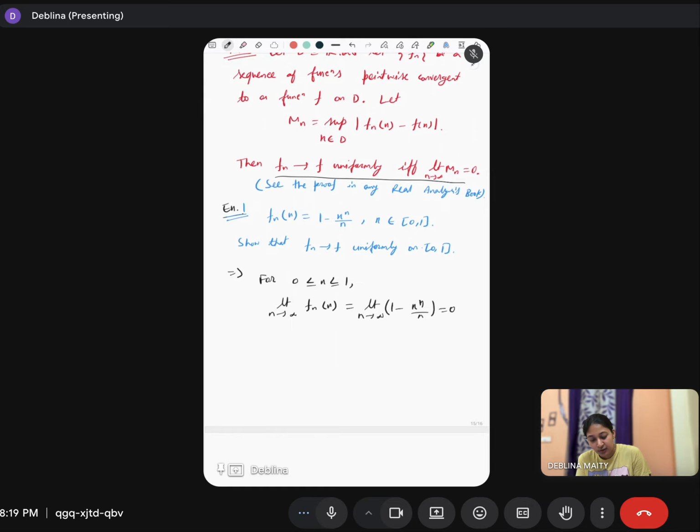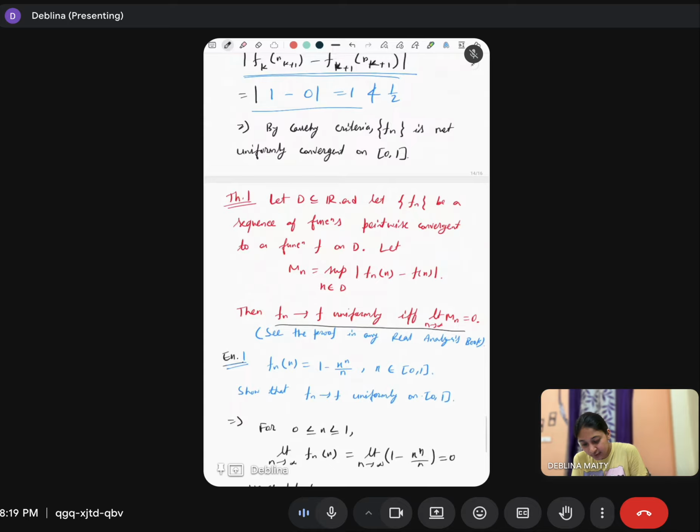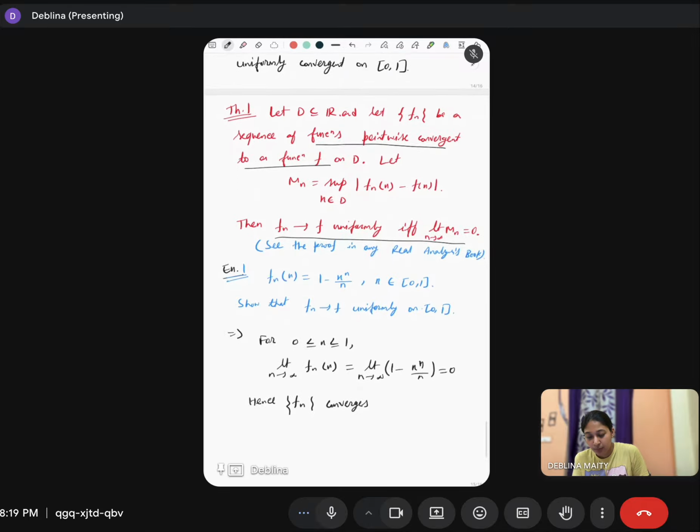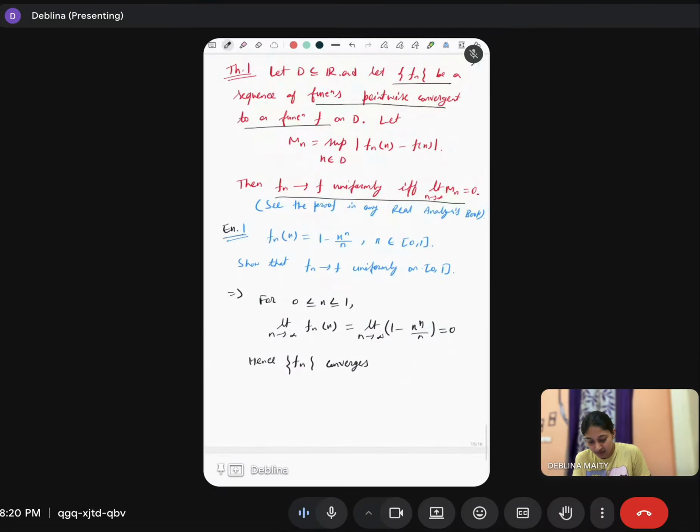So this is 0 for all x between 0 and 1. For this theorem, first we have to find the pointwise limit function of the sequence fn, then we have to find this Mn.